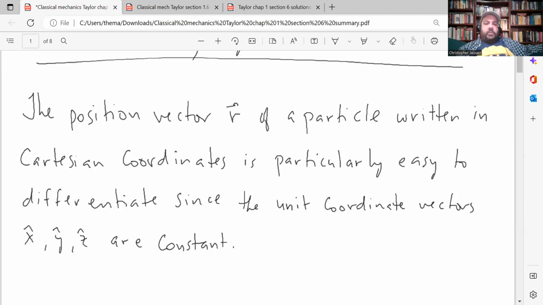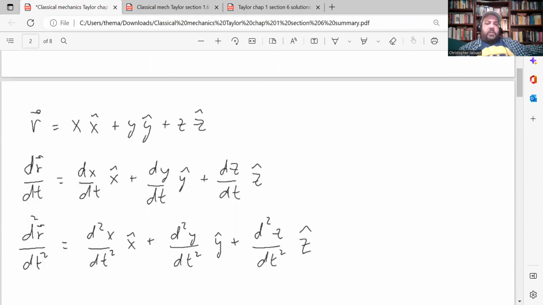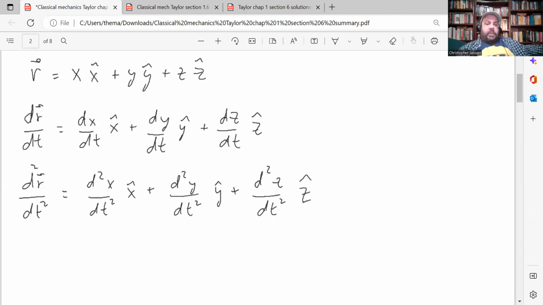So it gives you a particularly easy form for the derivatives of the position and the velocity and so on. The position vector r of a particle written in Cartesian coordinates is particularly easy to differentiate since the unit coordinate vectors are constant. In other words, if r is x x hat plus y y hat plus z z hat, where x hat, y hat, z hat are the unit vectors in those respective directions, then if you differentiate, it's very simple.